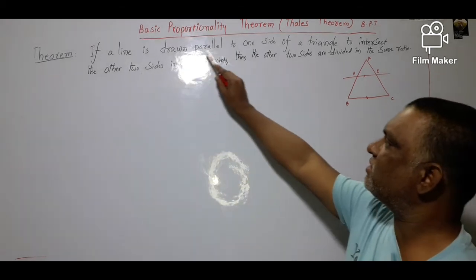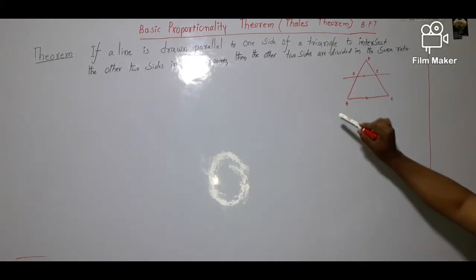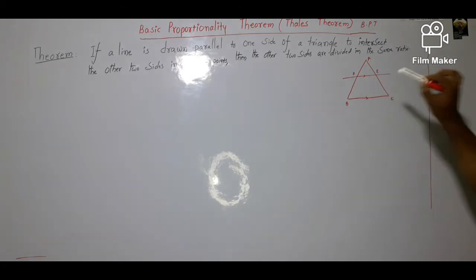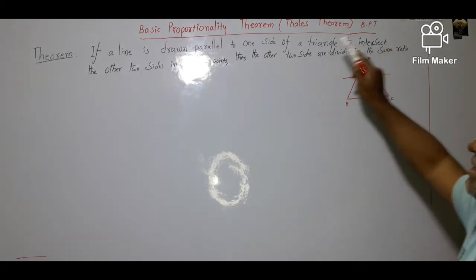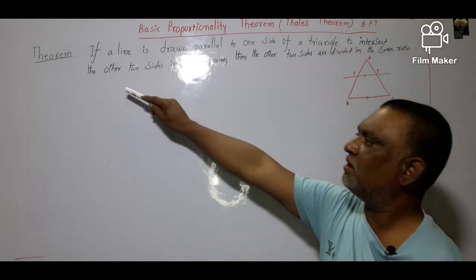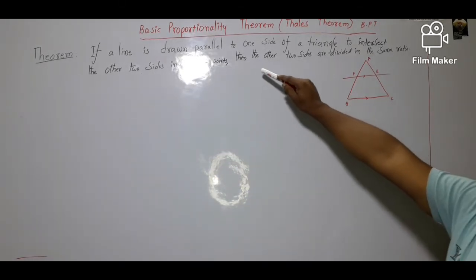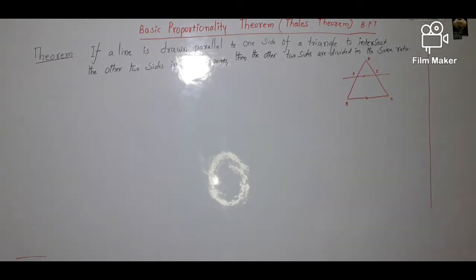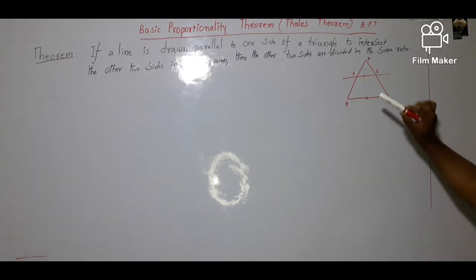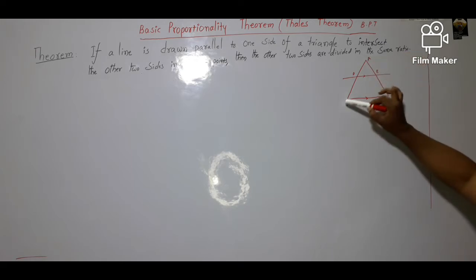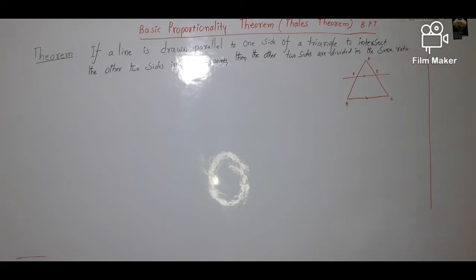If a line is drawn parallel to one side of a triangle, so this DE is parallel to BC. The intersecting points are on the other two sides, and the other two sides are divided in the same ratio. The other two sides are AB and AC.